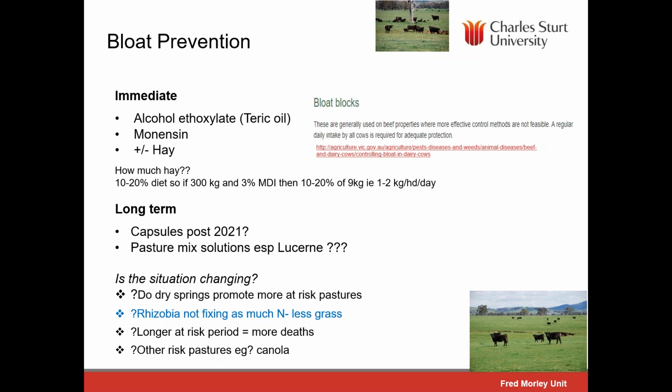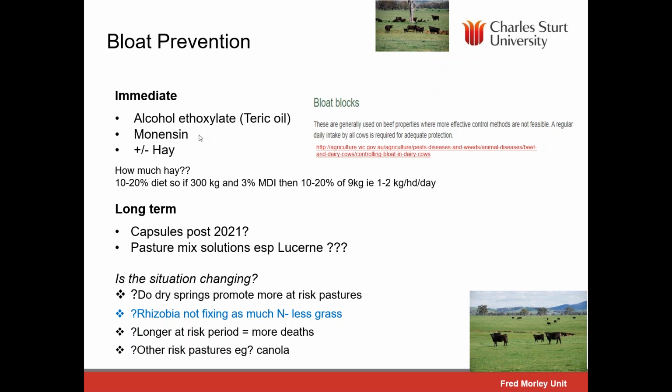The substance that was in the capsules, the Elanco capsules, was monensin, and it's an ionophore or an antibiotic, and it works by preventing the production of the foaming gas by changing the microbe population in the rumen, and so you just don't get the gas produced.